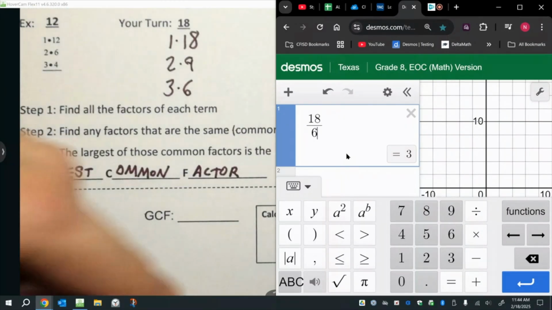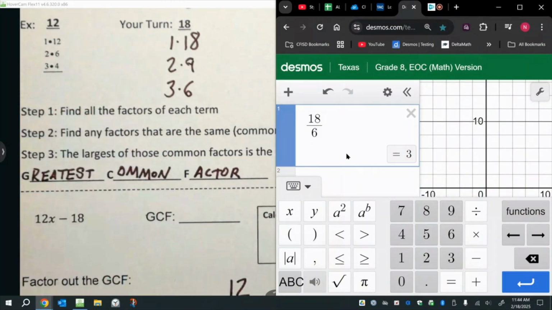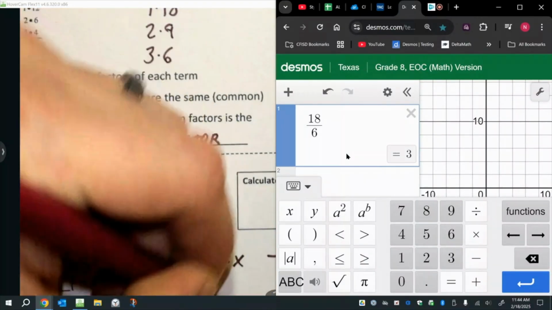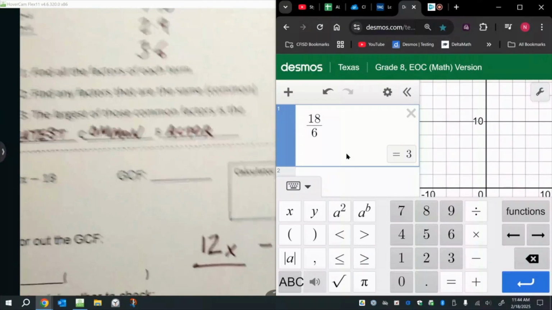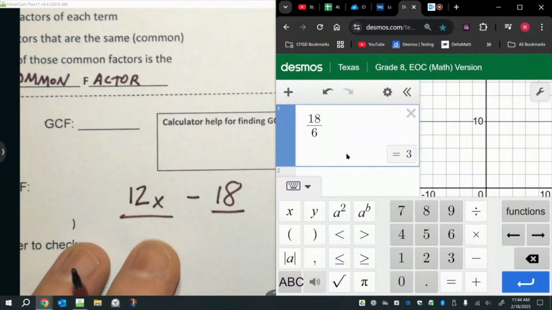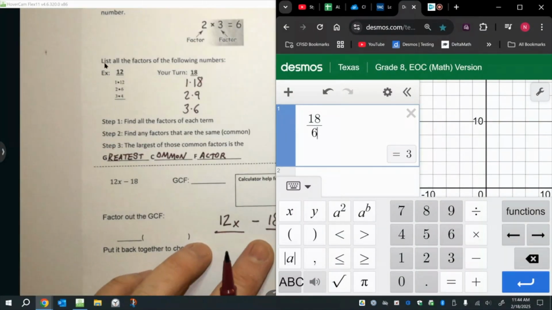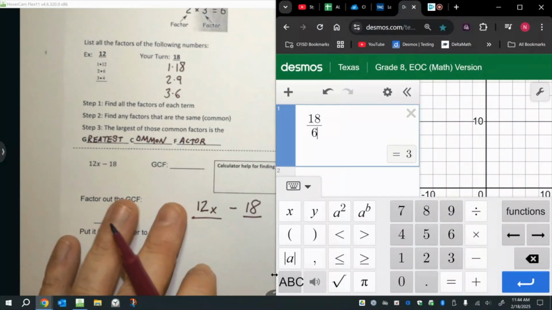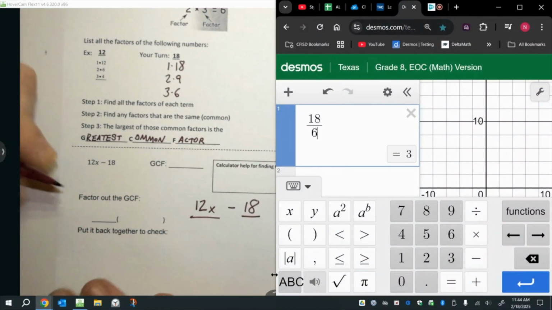So here's how this goes. Say I take 12x and negative 18. All right, I want to find the factors of 12 and I want to find the factors of 18. Well, a minute ago we just found the factors of 12 and 18. What I really want to know is what is the greatest common factor of both. Well, let's see.